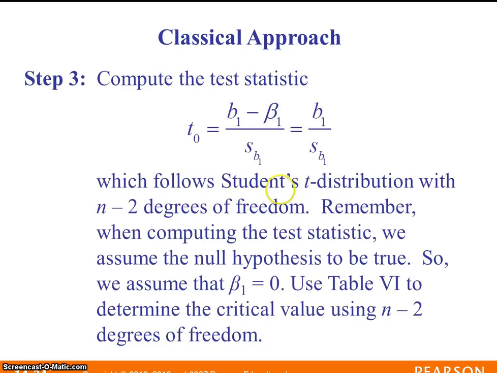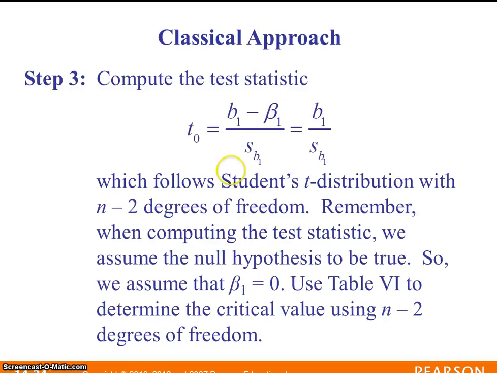Compute the test statistic, which will be the difference in the y-intercepts divided by the standard deviation of the b sub 1 values. I'm sorry, this would be the slope, not the y-intercepts. And then use Student's t distribution with n minus 2 degrees of freedom.